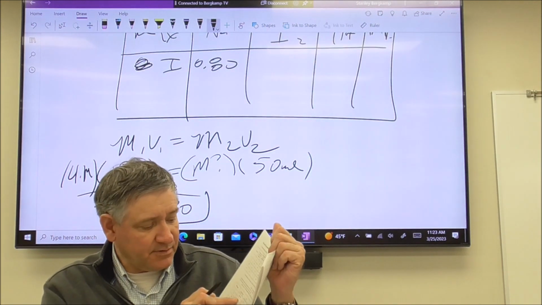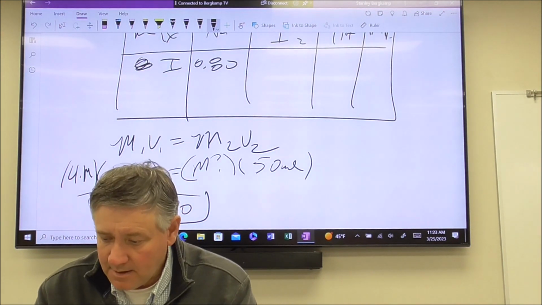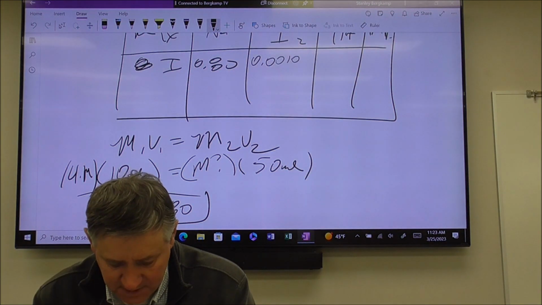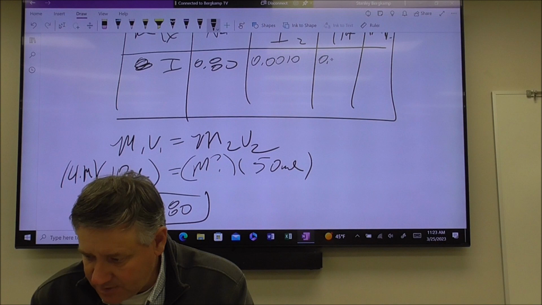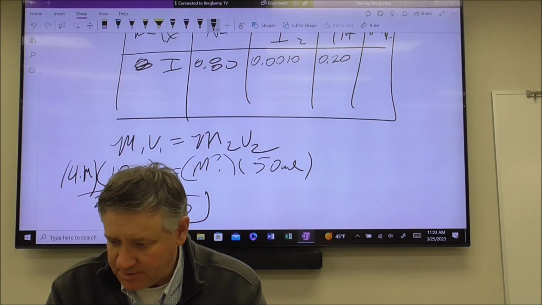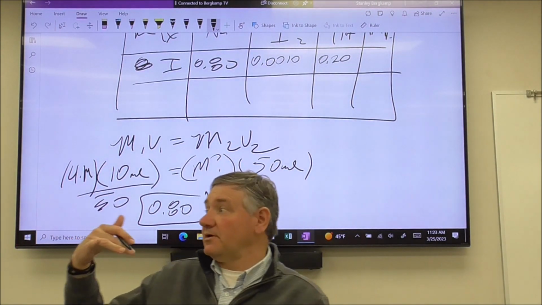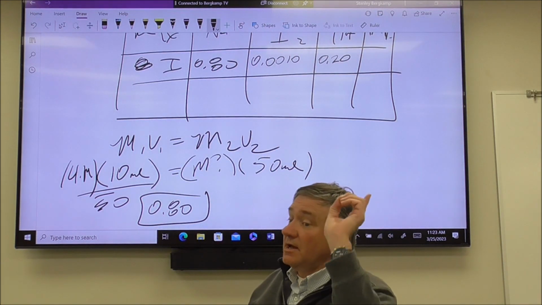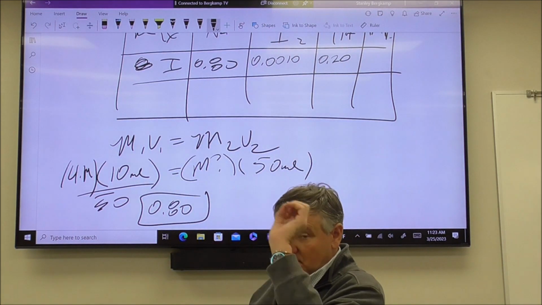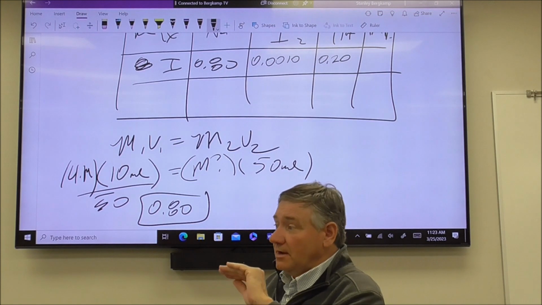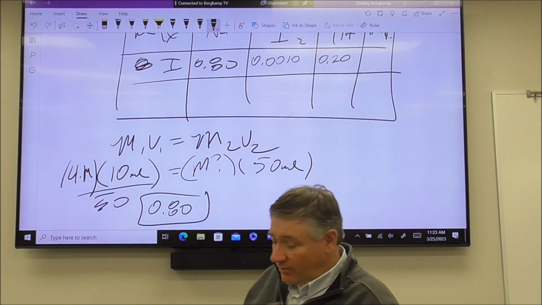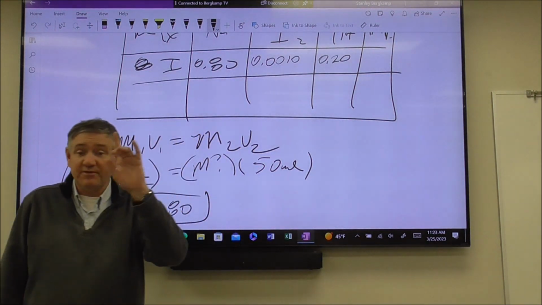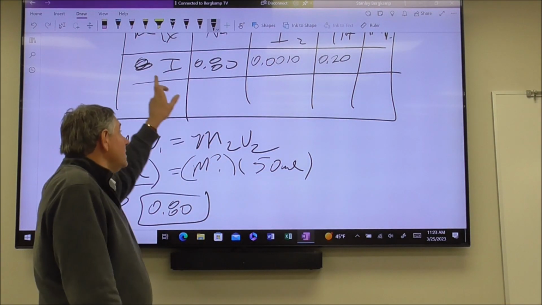When you get done with this first line, your iodine should be 0.0010, and your hydronium ion concentration should be 0.2. I'm going to put this up there so you can verify that you got these right, because if these concentrations are wrong, everything's going to be a train wreck going forward. When you get done with that first one, you're going to use M1V1 equals M2V2.